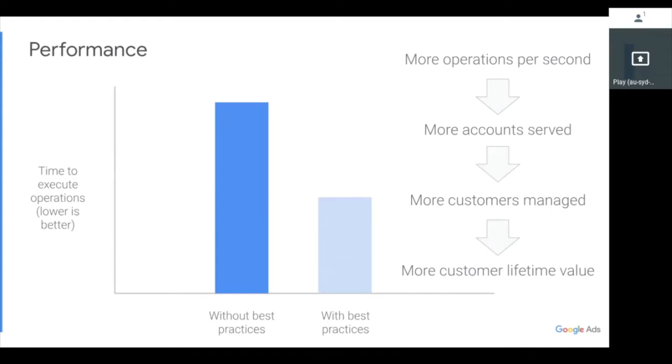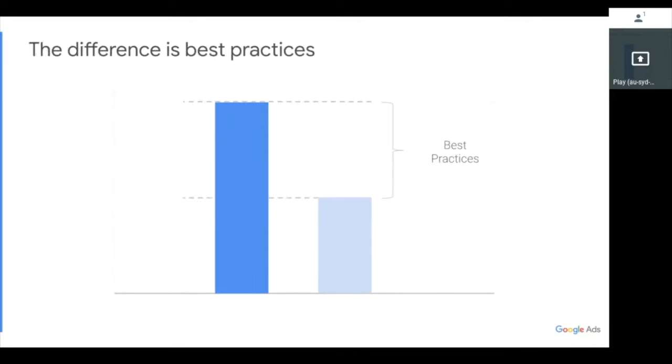When you can execute more and more operations per second, it means that you can serve more accounts and more customers. And finally, it means that you can provide more business value to your customers. And that's why we are talking about best practices today, because it's good for your business. And when you follow the best practices, it's more likely that you can achieve this difference.